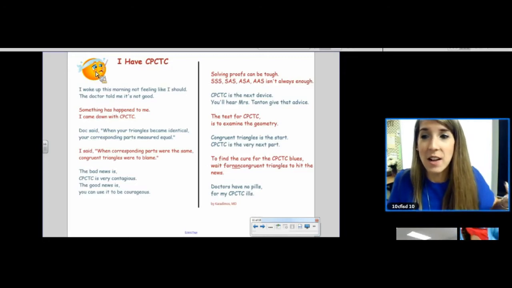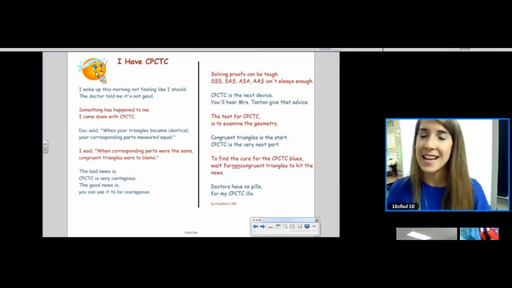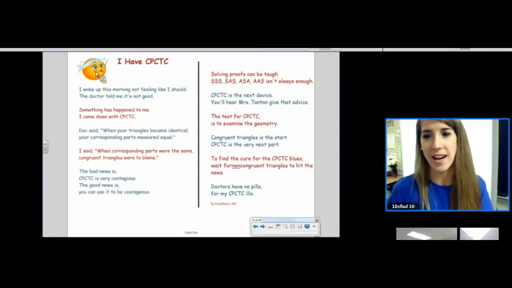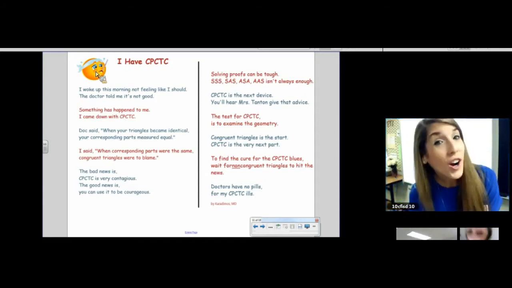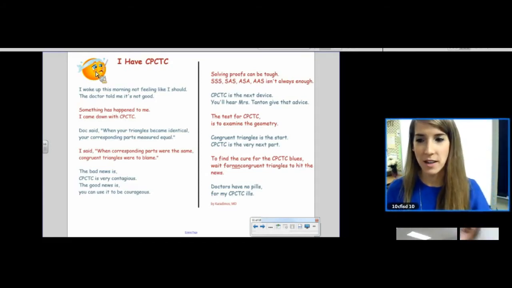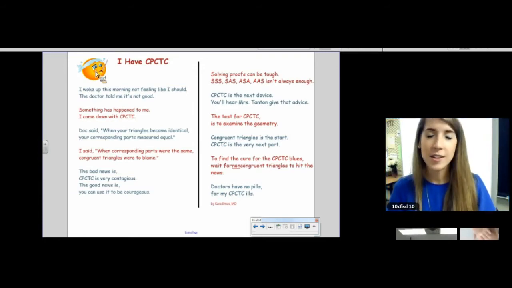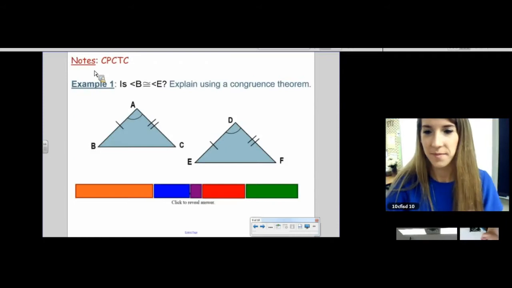Side, side, side, side, angle, angle, angle, angle, side isn't always enough. CPCTC is the next device. You'll hear Miss Tanton give this advice. The test for CPCTC is to examine the geometry. Congruent triangles is the start. CPCTC is the very next part. To find the cure for CPCTC blues, wait for non-congruent triangles to hit the news. Doctors have no pills for my CPCTC ills.